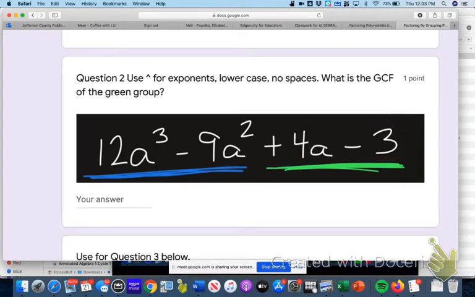The only thing that both of them will divide by evenly is a 1. Because you can't do 3 divided by 4, or 4 divided by 3, and have it come out to be a whole number. That's why this one's a little tricky. So the only thing that you can divide 4a and 3 by is just a 1.